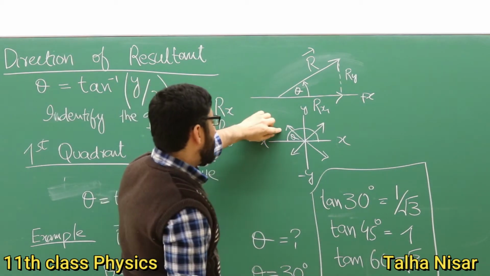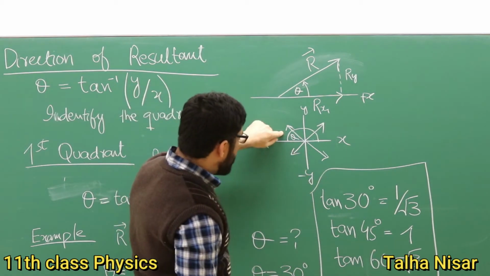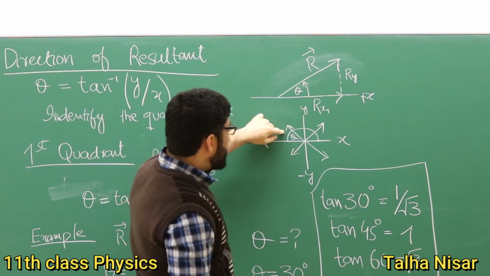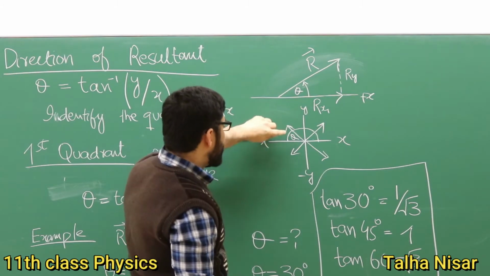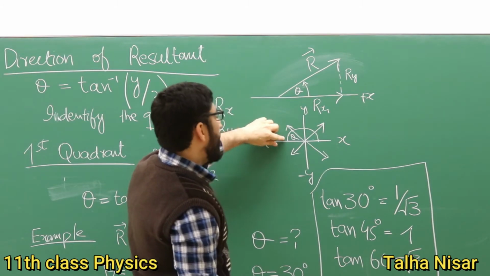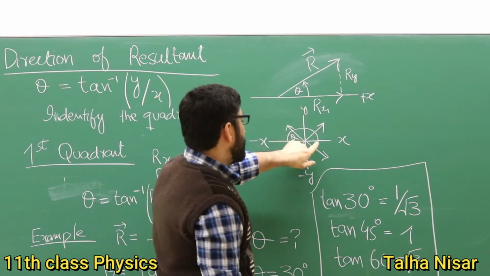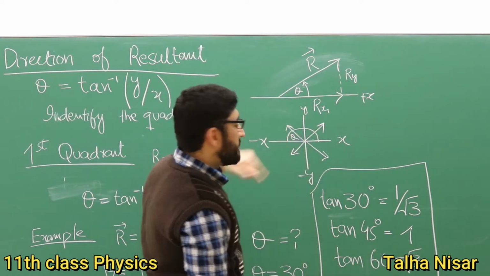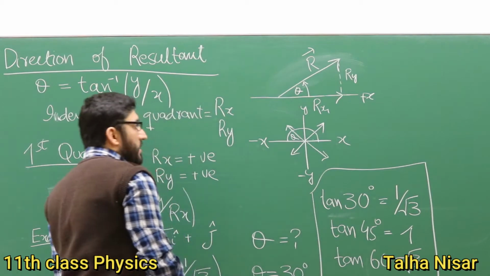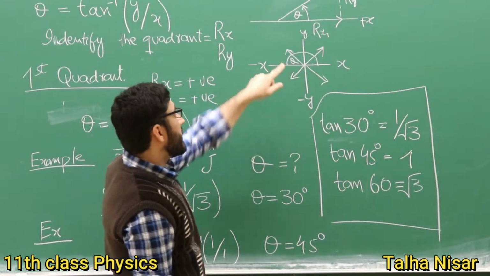But in the second quadrant and the other quadrants, it is a little bit different, because we will get this angle and then we will have to do a calculation to get it with respect to the positive x-axis. So right now we will discuss the second quadrant.